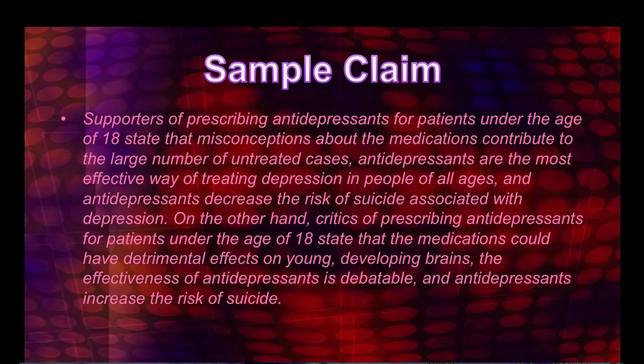Antidepressants are the most effective way of treating depression in people of all ages, and antidepressants decrease the risk of suicide associated with depression. On the other hand, critics of prescribing antidepressants for patients under the age of 18 state that the medications could have detrimental effects on young developing brains. The effectiveness of antidepressants is debatable, and antidepressants increase the risk of suicide.